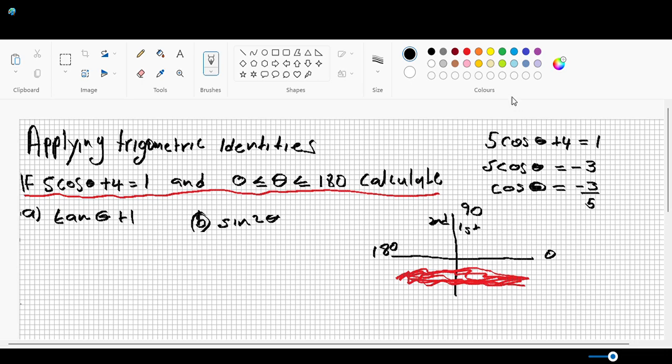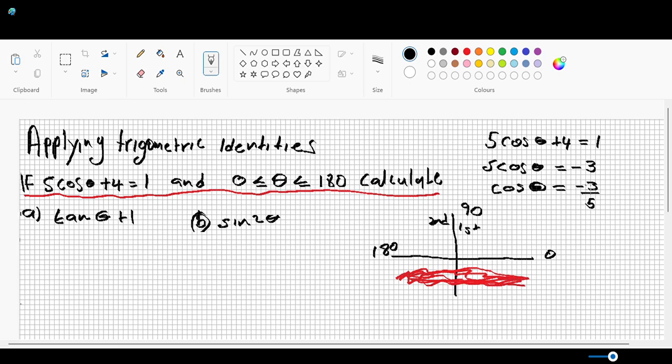Now let's go back to the problem that we worked out here, guys. As you can see, cos theta is equaling negative 3 over 5. So we can use that to determine which quadrant we are going to use. Between these two quadrants that we are allowed to have our theta in, quadrant 1 and quadrant 2, in which quadrant is cos negative?